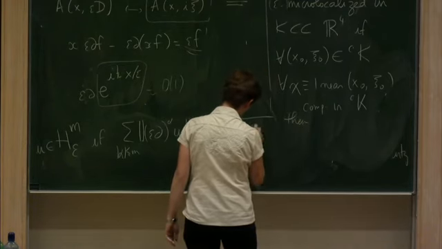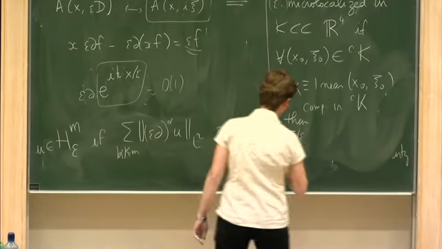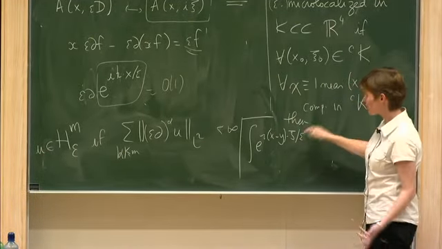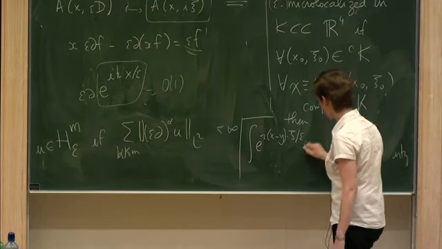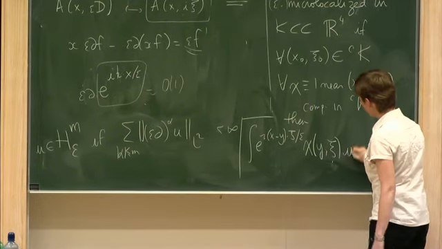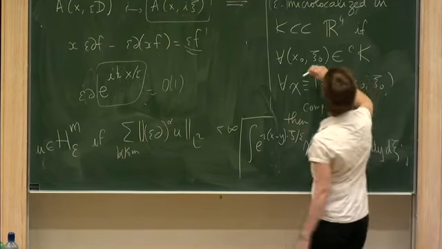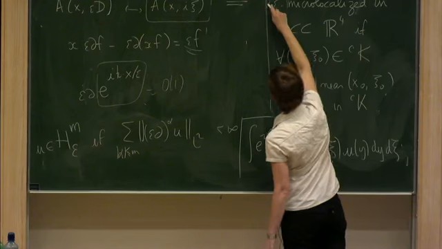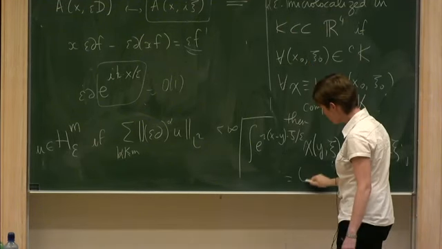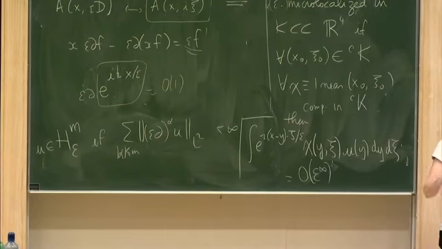I look for this sort of Fourier transform. Since I'm epsilon oscillating, I should put this scaling here. And I put chi of y xi, xi, u of y, dy dxi. This is a function u, and this has to be epsilon to the infinity, meaning epsilon n for any n.